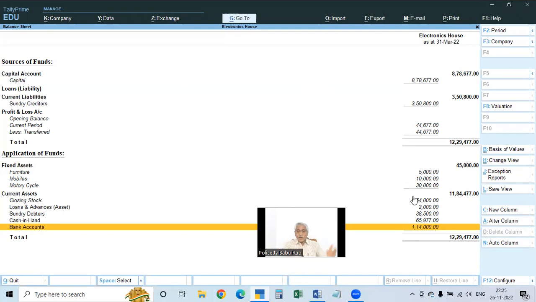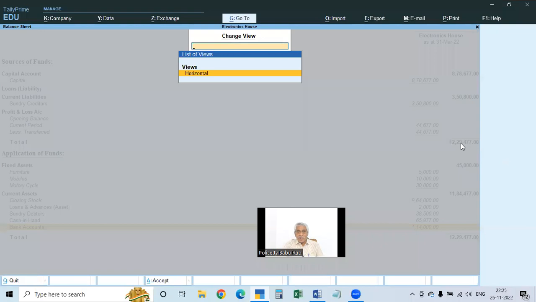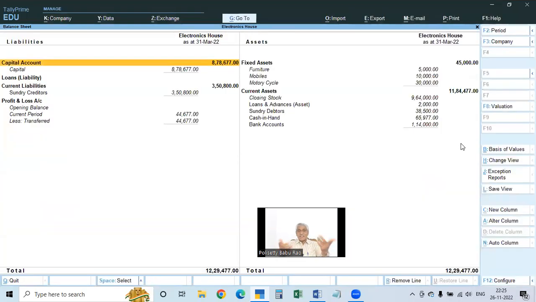If you want to go to the horizontal way, again go to Change View. Now it is showing horizontal. Click that, and you will come to the horizontal way. Like this, we have to view and analyze the balance sheet also. In the vertical way as well, this profit must be transferred.